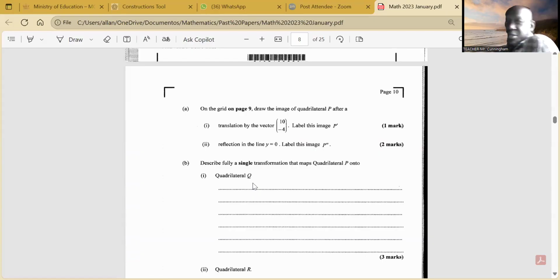On the grid on page 9, draw the image of the quadrilateral P after reflection in the line y equal to 0. So we want a reflection of P in the line y equal to 0.